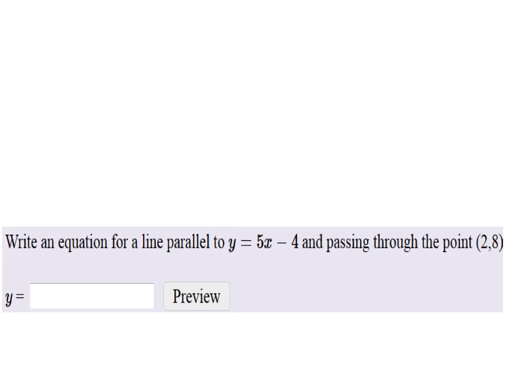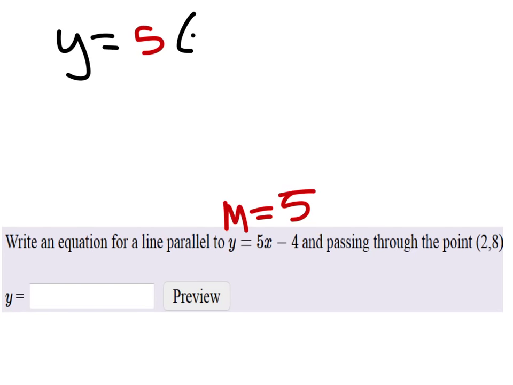Alright, here we have another parallel line, parallel to y equals 5x minus 4, but it goes through the point (2, 8). We can see right here that the slope is 5, so it should have the same slope. It's just going to go through that point (2, 8). So, using point-slope form, we got y equals the slope 5 times x minus the x value it gave us, which was 2, and then plus the y value, which was 8.